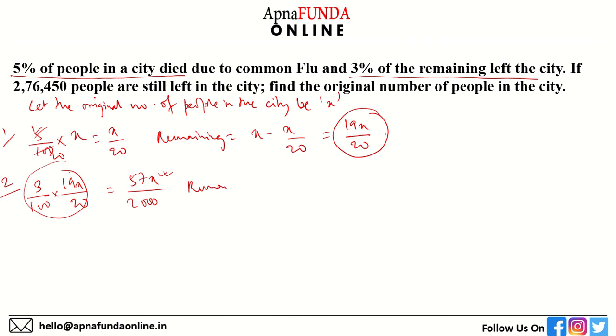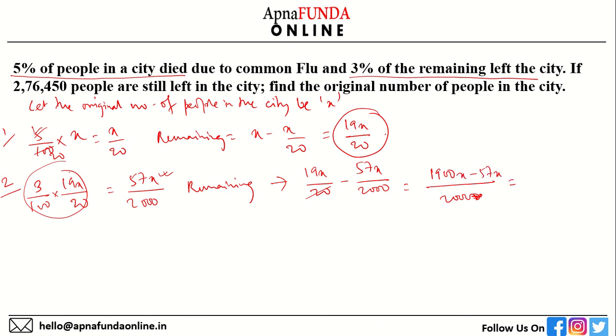So what is remaining? Our remaining will come from the previous remaining minus the number of people who left the city. Correct? Now if we solve this, 2000, this will become 1900x minus 57x.